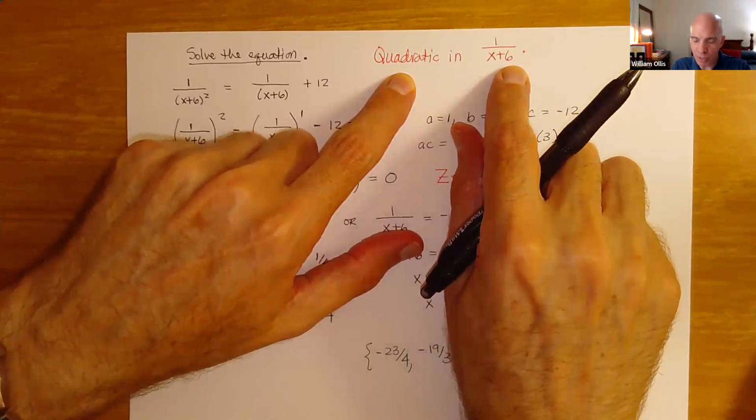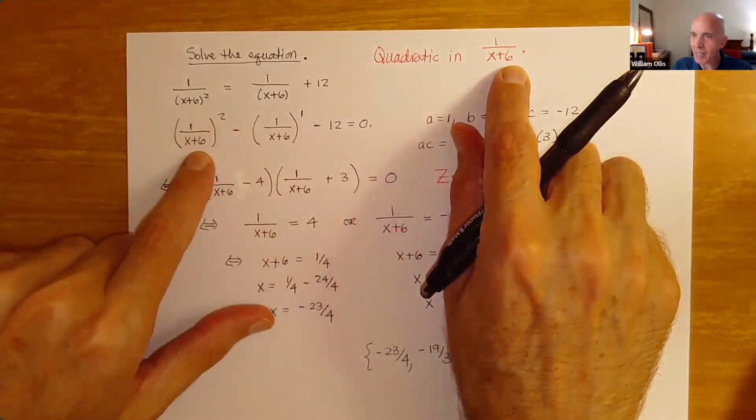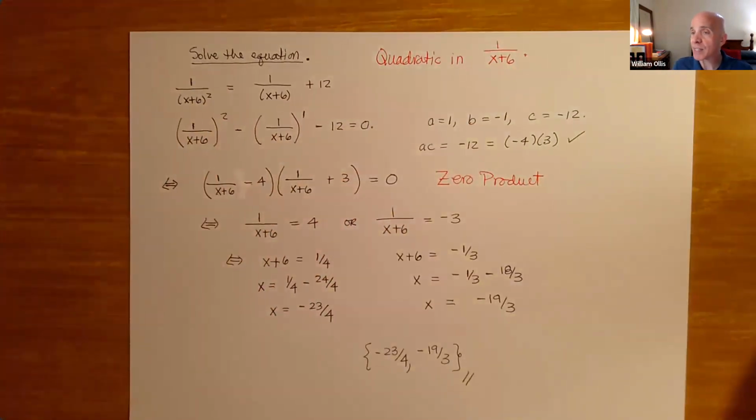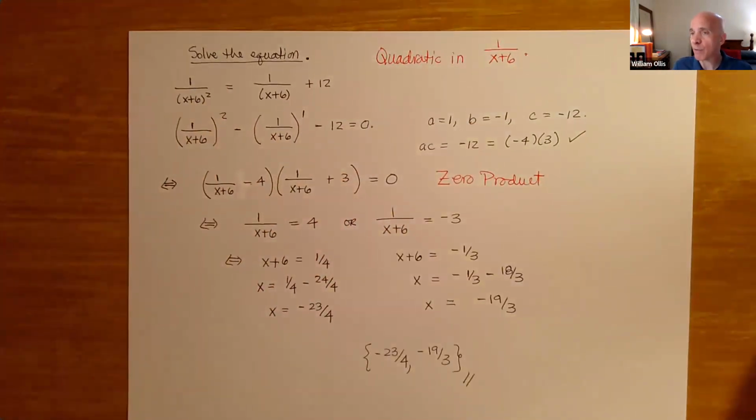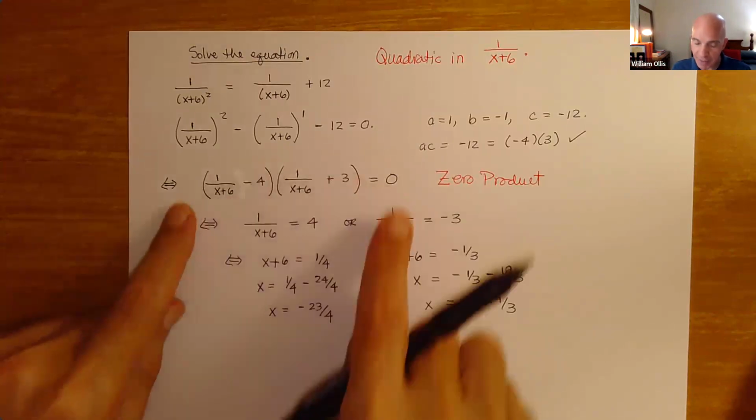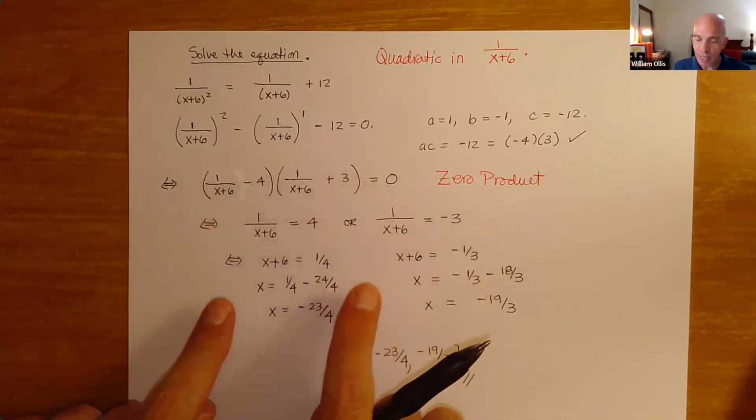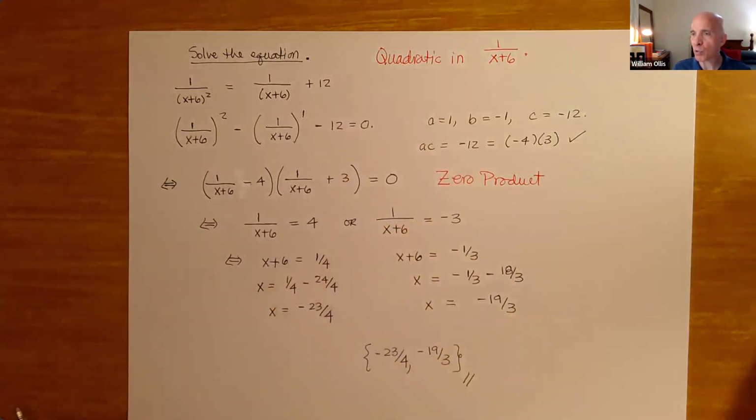That's really important. So again, we have quadratic in 1/x plus 6. And then we just utilize the theory as we've done before. There's no need to call it something else. That is just an extra step that really takes you away from looking at the form that's very clear. And if you think about it this way, it's actually easier that you don't clutter the problem with more substitutions.